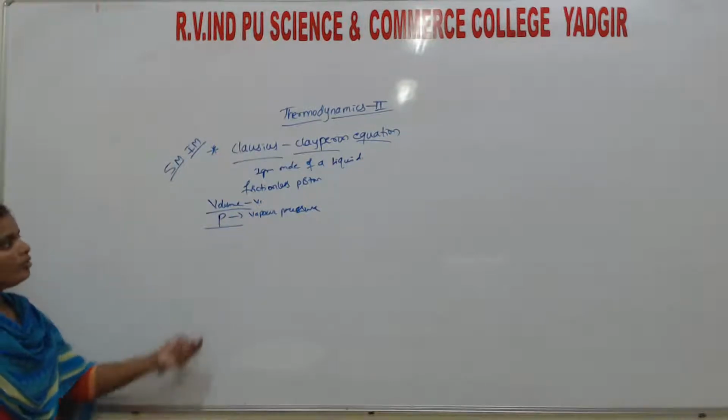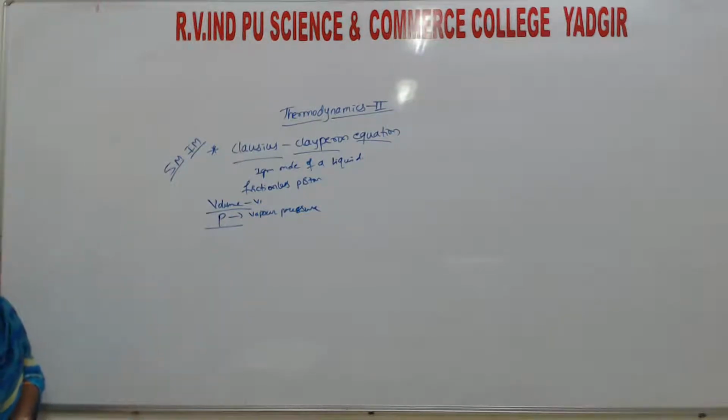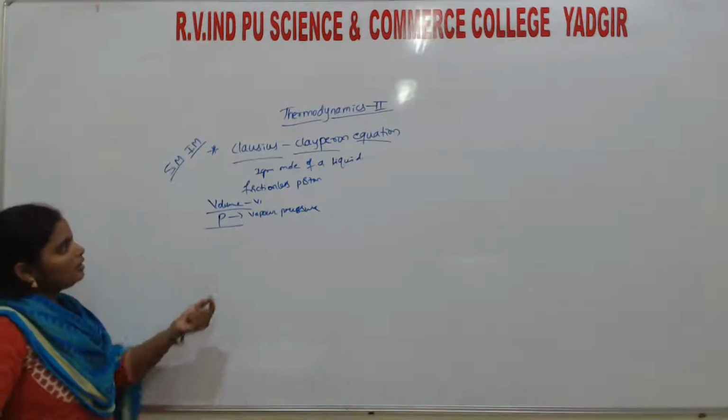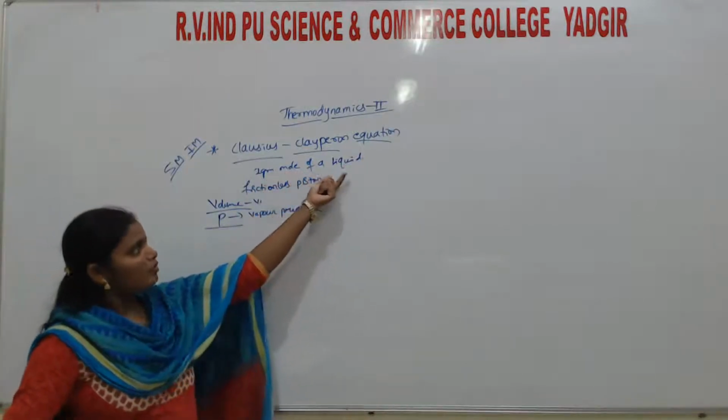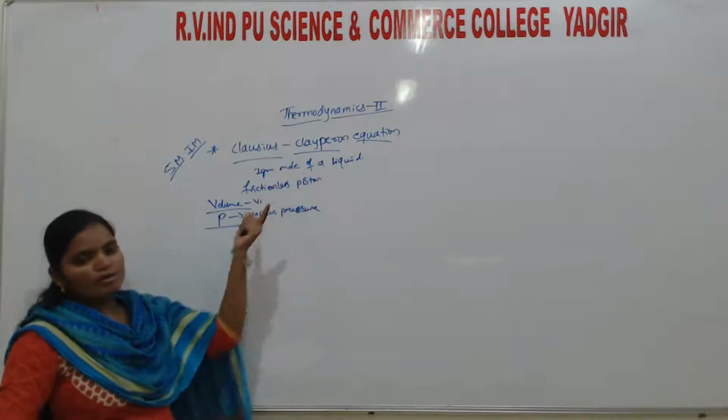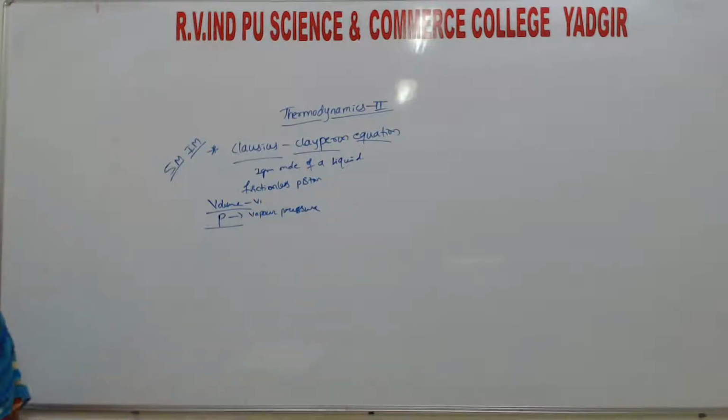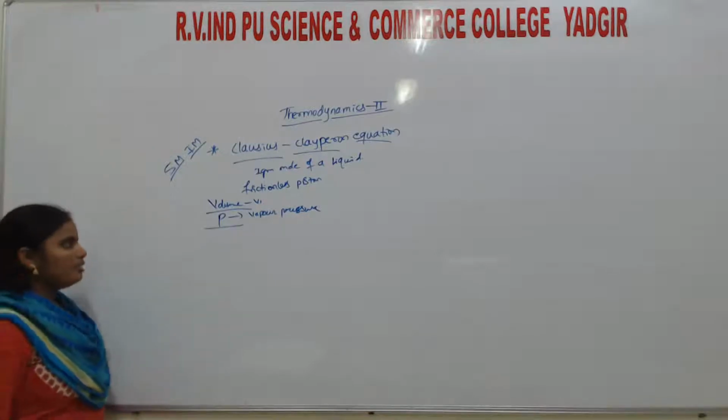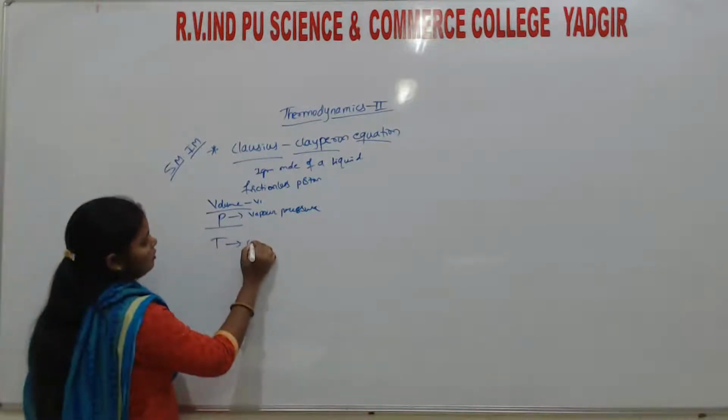Now, to allow the liquid to evaporate: consider 1 gram mole of a liquid, and this liquid is allowed to evaporate reversibly at a constant temperature.